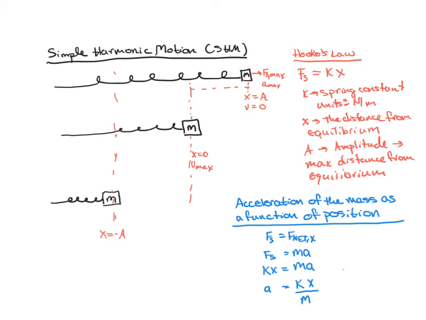Alright, so the next equation that we're going to derive is going to be based upon conservation of energy. So as I stated before, when you pull the spring back, you're introducing what your maximum distance from equilibrium is, or what your amplitude is. And that's going to constrain how much energy you have in the system. So initially, you're going to have your maximum potential energy.